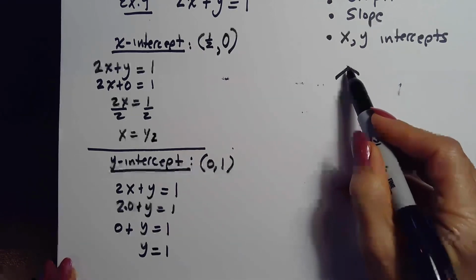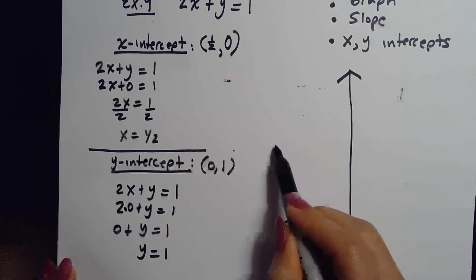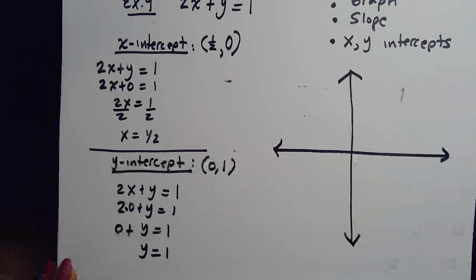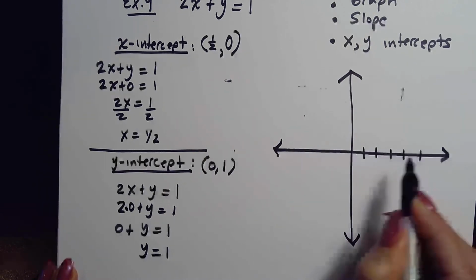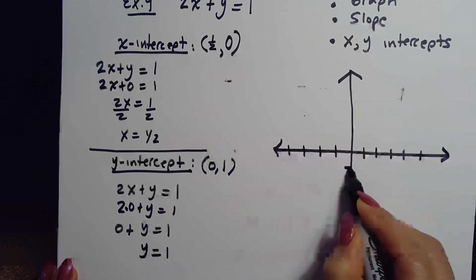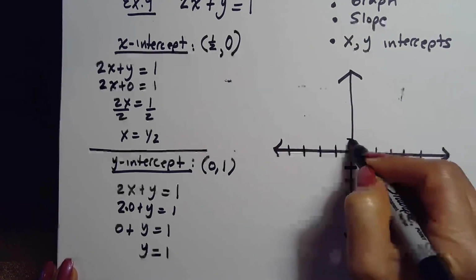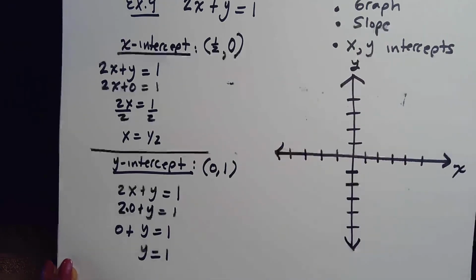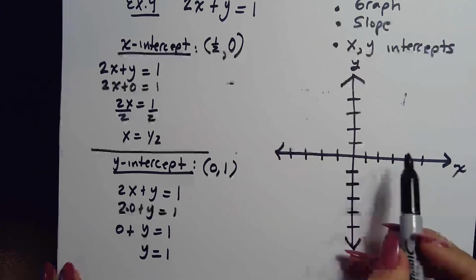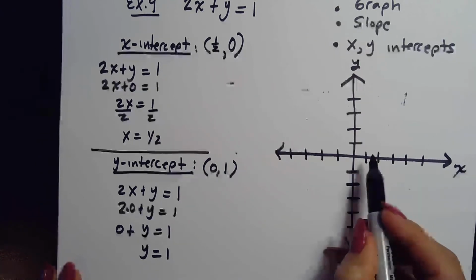From here, we can graph this line. Let me make the graph a little bit nicer so you can see. Remember, this is the y-axis, this is the x-axis. The point 1/2 comma 0 is going to be, well, this is the point 1 comma 0, so in the middle.